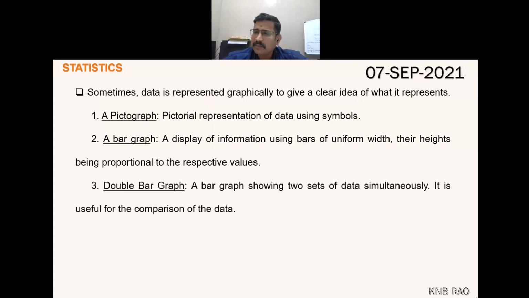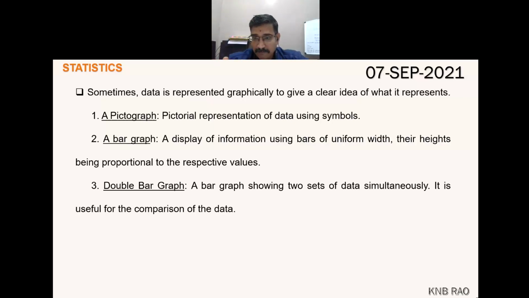Next, double bar graph. What is a double bar graph? A double bar graph is some sort of a study between two cases. Let's say marks of our class students in mathematics and in science, drawn one beside the other. Marks of student A in science and maths, student B in maths and science, student C in maths and science.